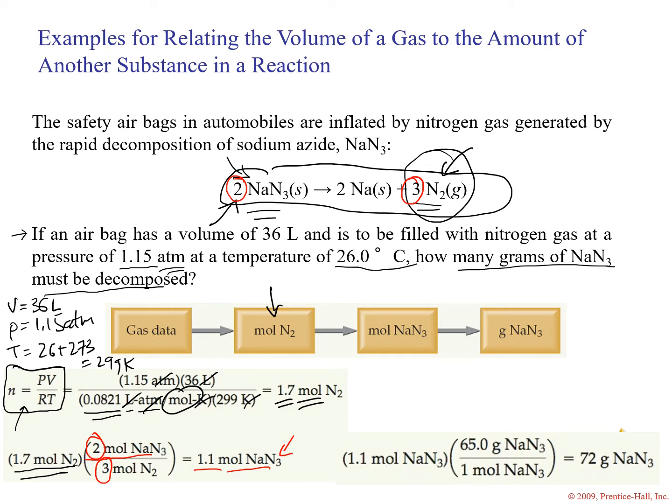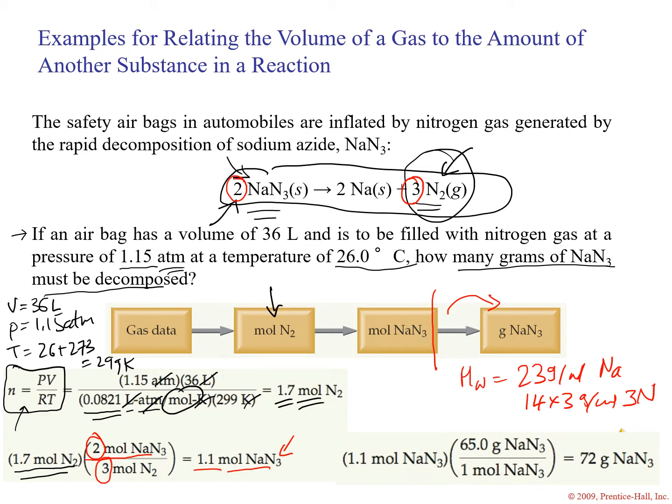And of course, this step would give us the number of moles, and then to do the final step to grams, we have to calculate the molecular weight of the sodium azide. So we have molecular weight is 23 grams per mole for sodium, and we have 14 times 3 grams per mole for 3 nitrogens.